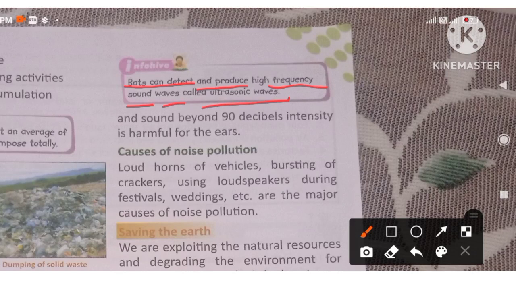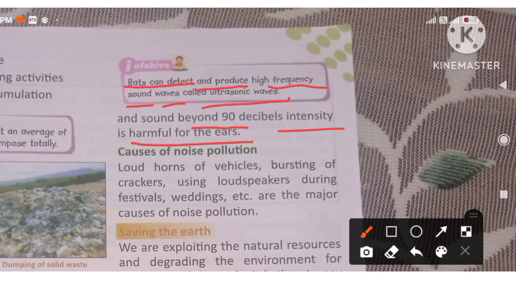Next, sound beyond 90 decibel intensity is harmful for the ear. This is a question: what intensity is harmful for the ear? Beyond 90 decibel.